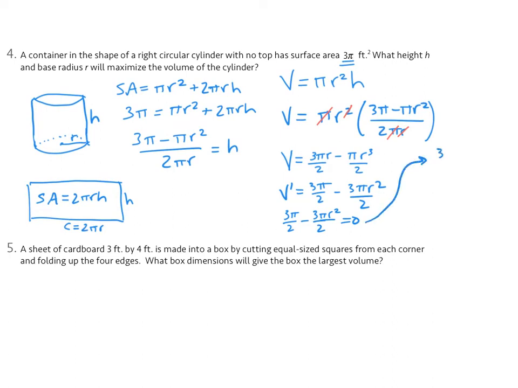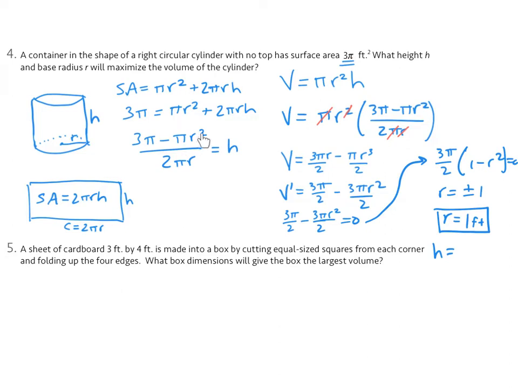I can factor out a 3 pi over 2, and I get 1 minus r squared equals 0. That would be r equals plus or minus 1, but we can't have a negative r value, so r equals 1. And if I look at my units, that would be 1 foot. To find out what h equals, we need to plug in r equals 1 into this.